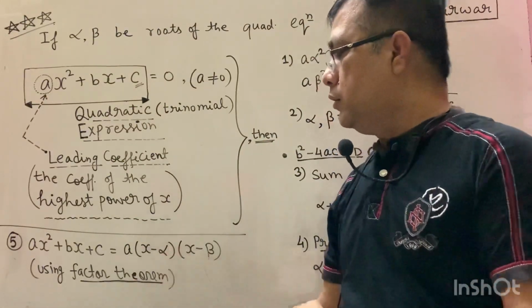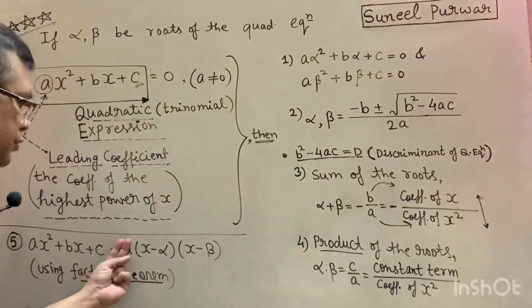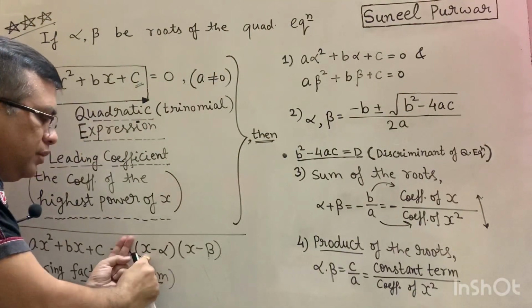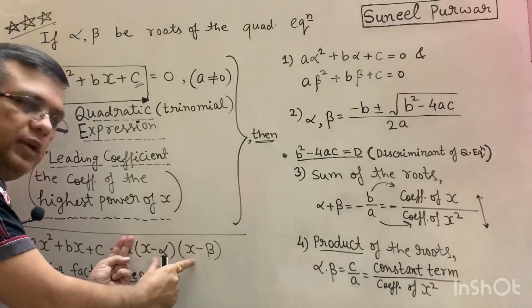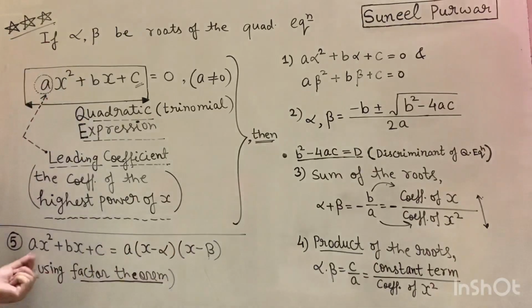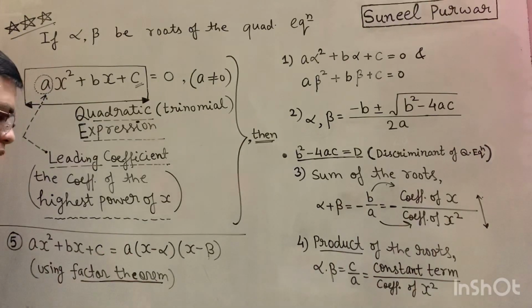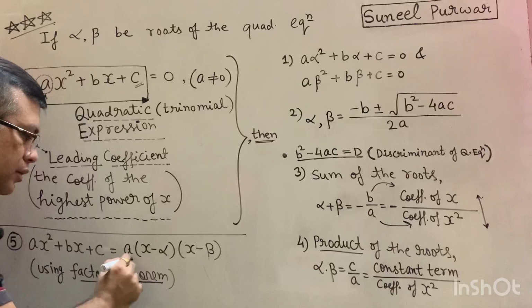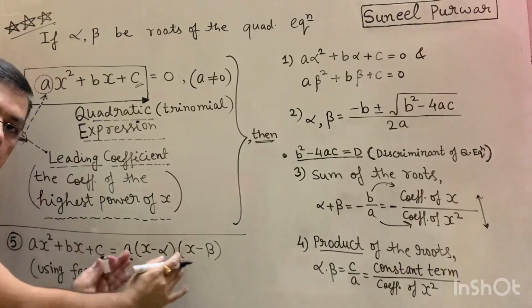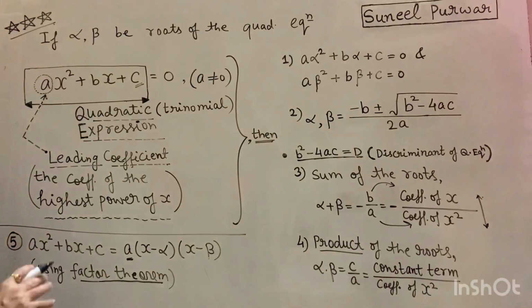And so you see, if you just multiply these two, what will you get? x square. So the coefficient of x square is 1. But in actuality, in the quadratic expression here, the coefficient of x square is given to be a. So for that reason, we need to multiply with a as well, so that both the sides remain equal. Understand?